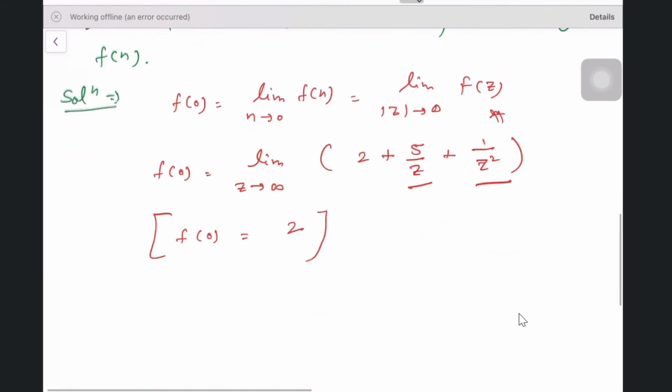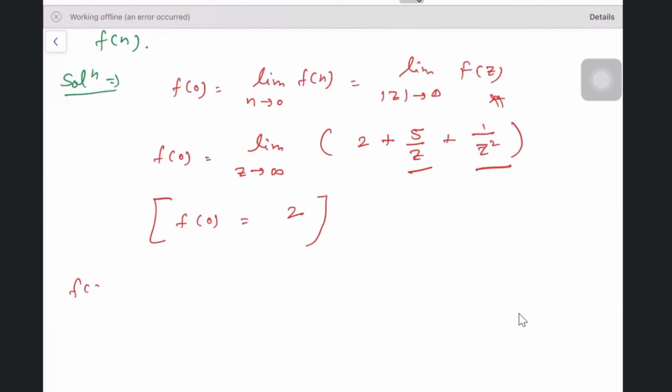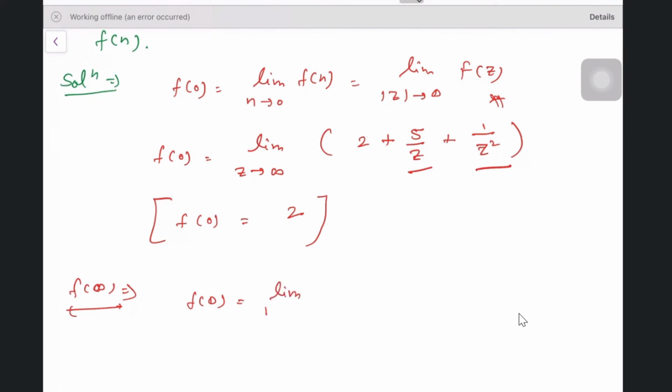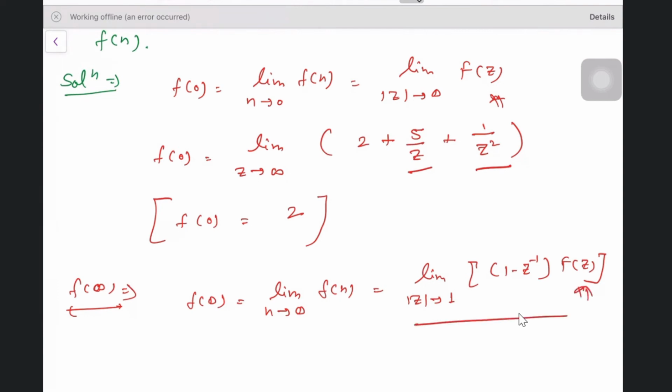Now you want to calculate f of infinity, the final value. For the final value, f of infinity equals limit n tends to infinity f of n, or we can write limit mod z tends to 1 of 1 minus z inverse f of z. Again in the question f of z is given, so we can use this part.